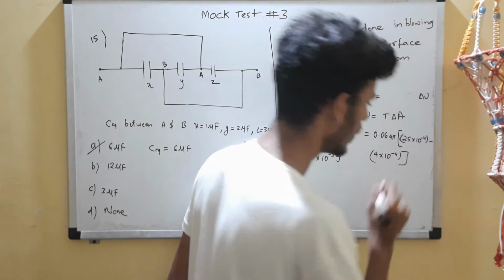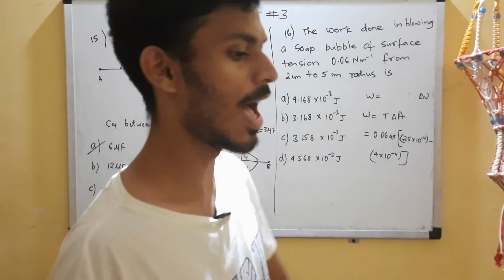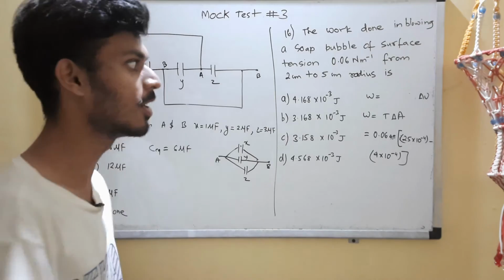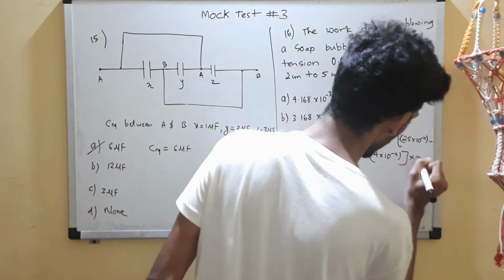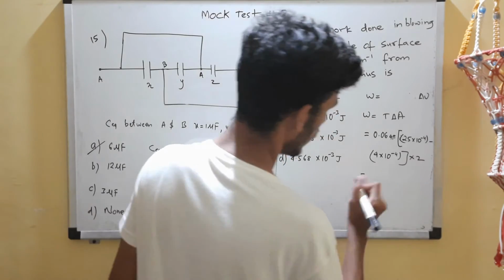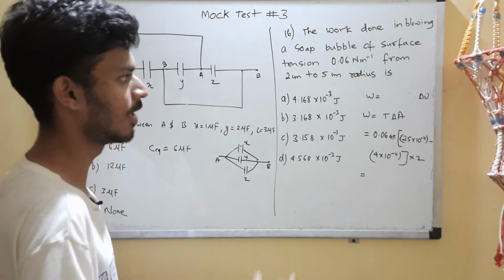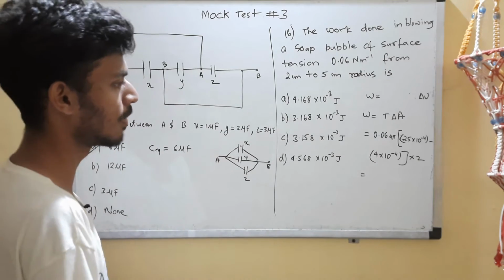Now remember, a very important thing: this is a soap bubble, and a soap bubble has two surfaces, inner and outer, so you'll have to multiply the surface area by 2. Please remember it. It's not there for just liquid bubbles. For a soap bubble, it's the special case, right? You have two surfaces, so you'll have to multiply it by 2.